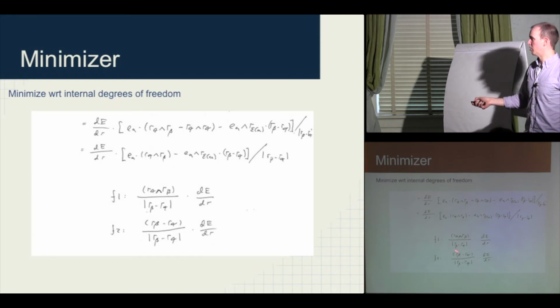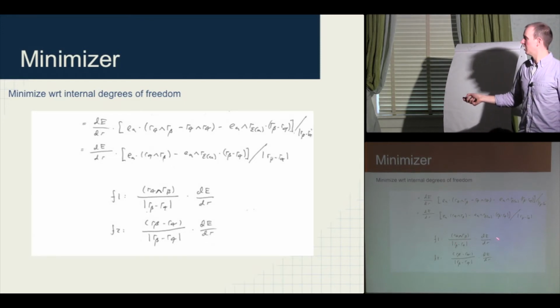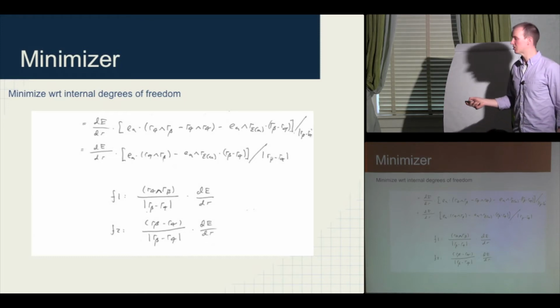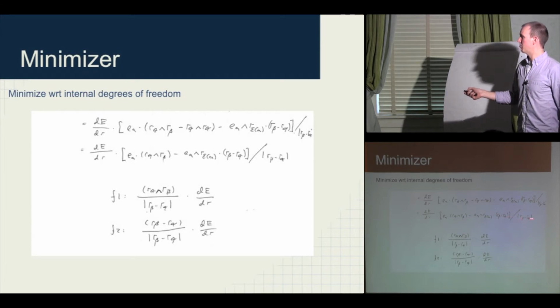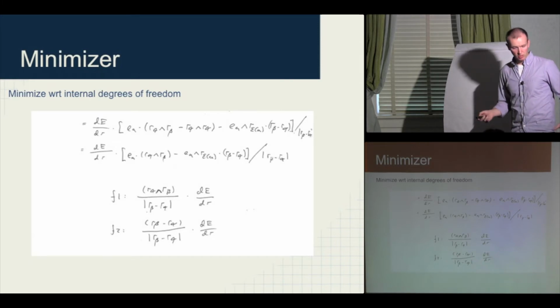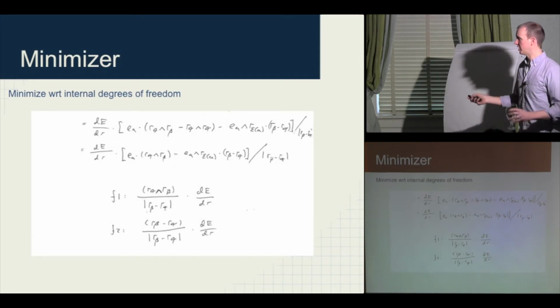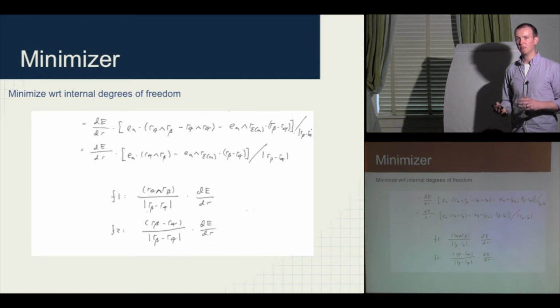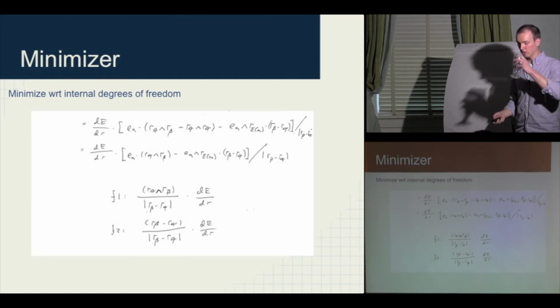So it's this cross product normalized by the length of the vectors times the change in energy as a function of distance. And then this term here, r beta minus r alpha divided by the norm of that length times the change in energy as a function of r, we call that F2. These are the two vectors that we compute when we're looking at energy functions.